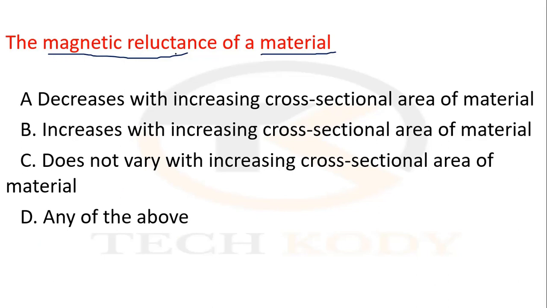The magnetic reluctance of a material decreases with increasing cross-sectional area of the material. Option A is the correct answer.